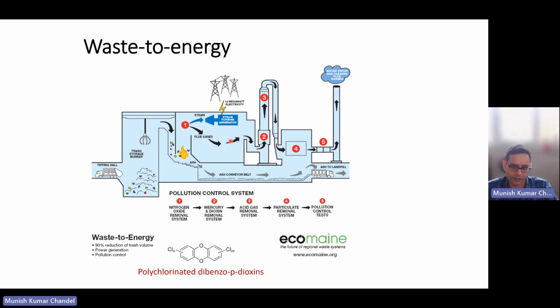Therefore, we use a series of air pollution control devices so that the flue gases are clean before they go to the atmosphere. So modern waste to energy systems or modern incinerators consist of a mechanism to extract energy as well as to treat all the flue gases coming from the combustion process so that they do not harm the environment.